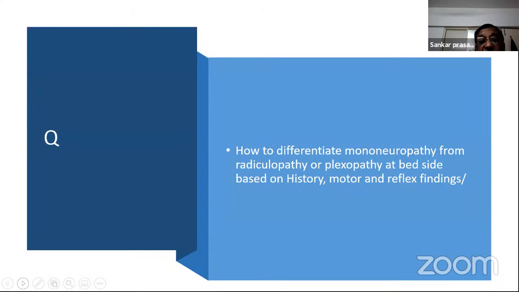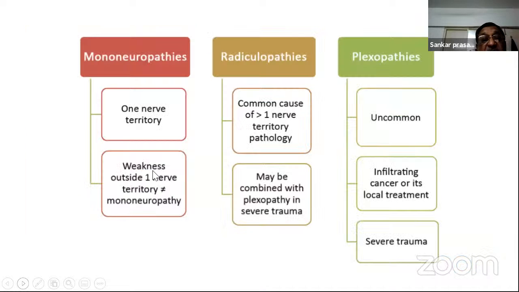Now we're going to move on: how to differentiate mononeuropathy from radiculopathy or plexopathy at bedside based on history, motor, and reflex findings. The same thing applies. Plexopathies are common with trauma or cancer, and rarely diabetes will cause radiculoplexopathies. So in one nerve territory mononeuropathy, weakness outside one nerve territory can never be mononeuropathy.